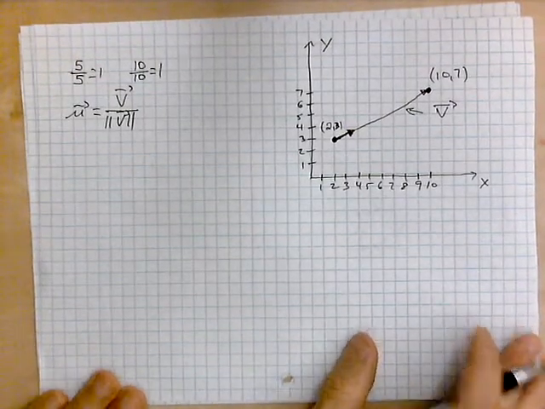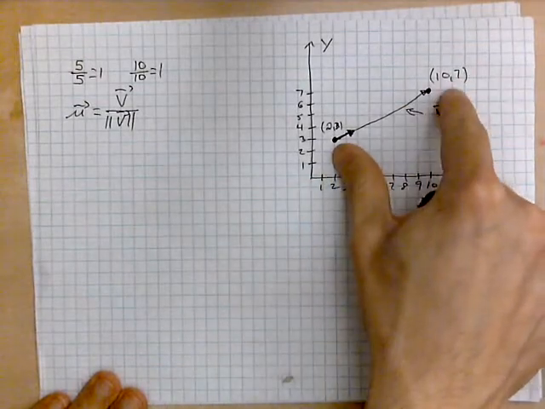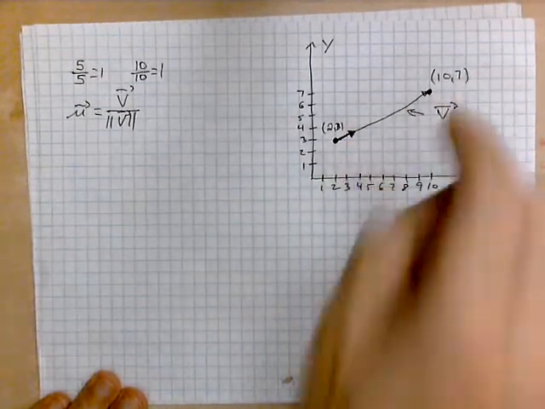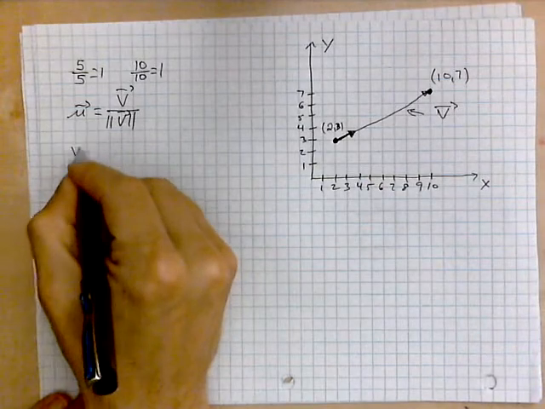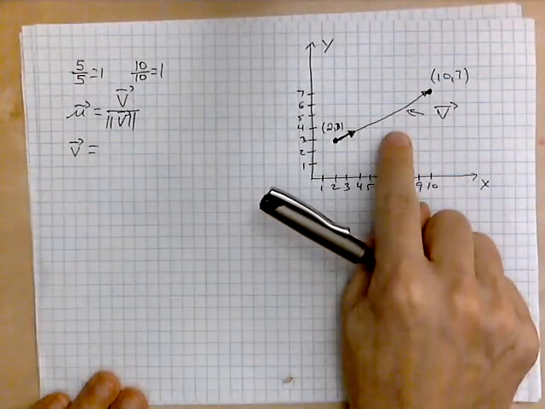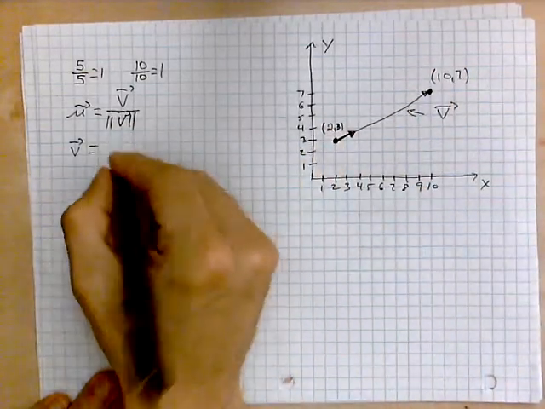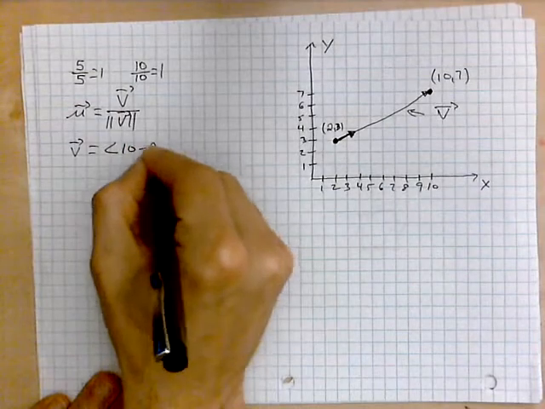Okay, so let's first take what we have and express it in component form. So the vector v is given by the following. To find the x component of the vector, you take the difference of the 10 and the 2. That gives the following.